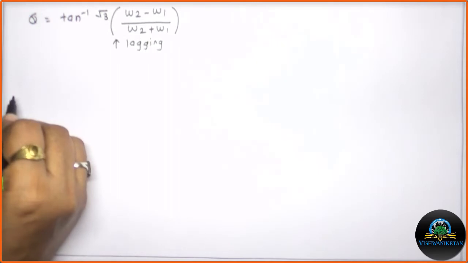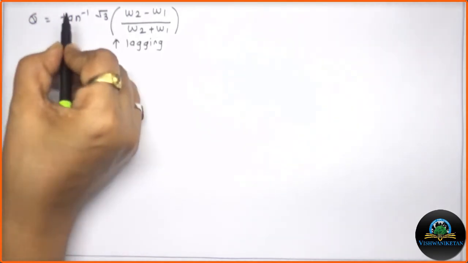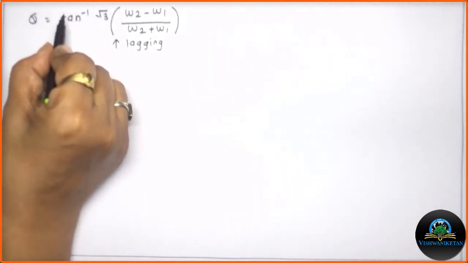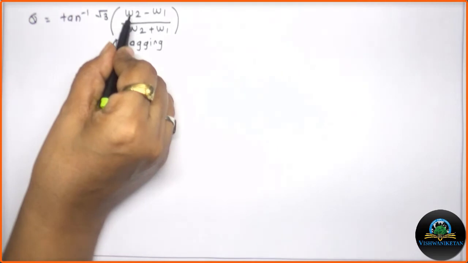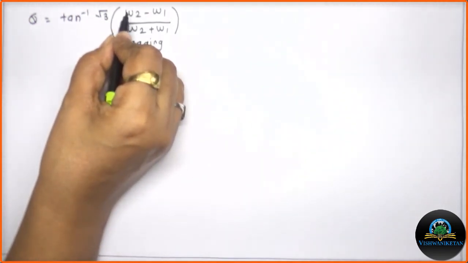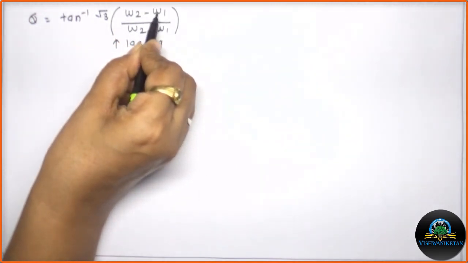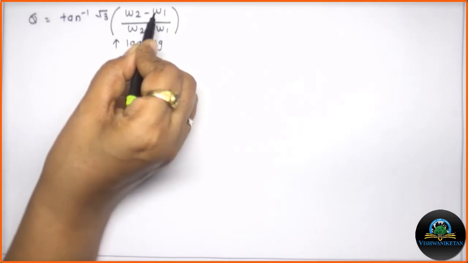Now how to calculate the theta for the leading power factor? The only thing that we are supposed to do is just multiply by the minus sign. So if you are multiplying by the minus sign to the numerator part, W2 becomes negative and W1 becomes positive. That is the only change for the leading power factor.